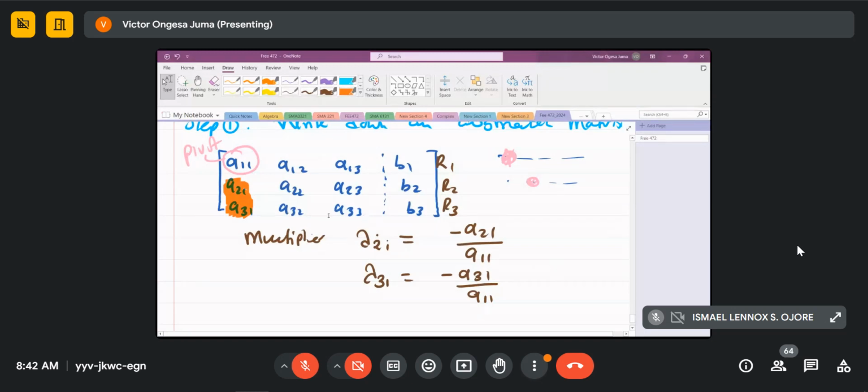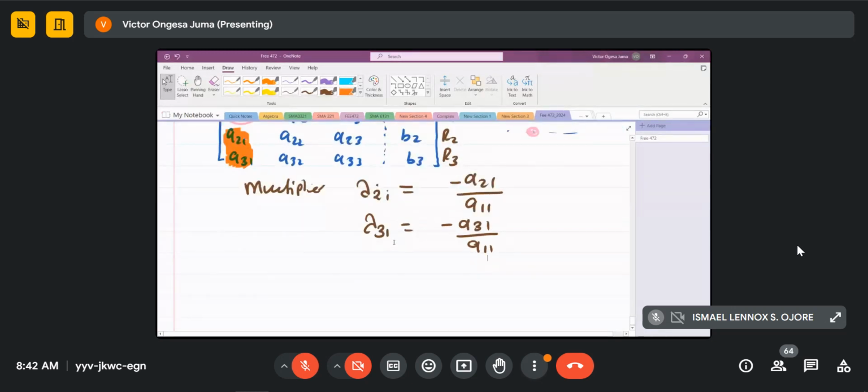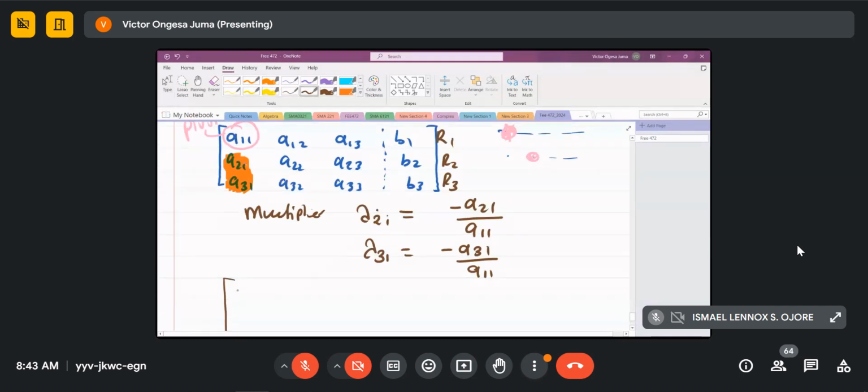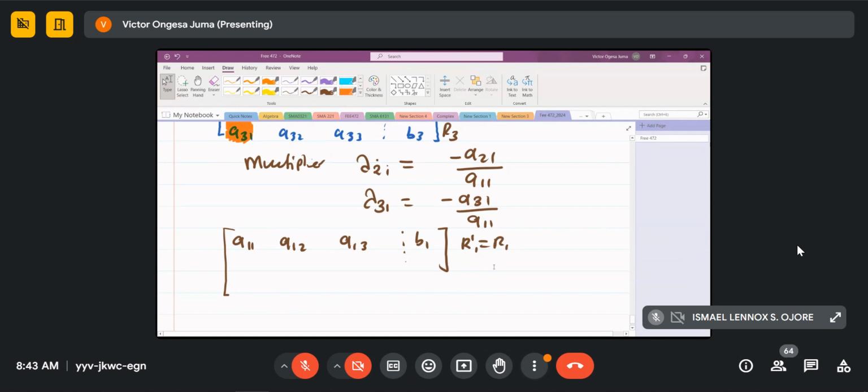When I reduce this matrix, row 1 remains unchanged. So I'll just have this as A11, this as A12, this as A13, and this is B1. So the new row 1 is the same as row 1. Nothing happened to row 1.